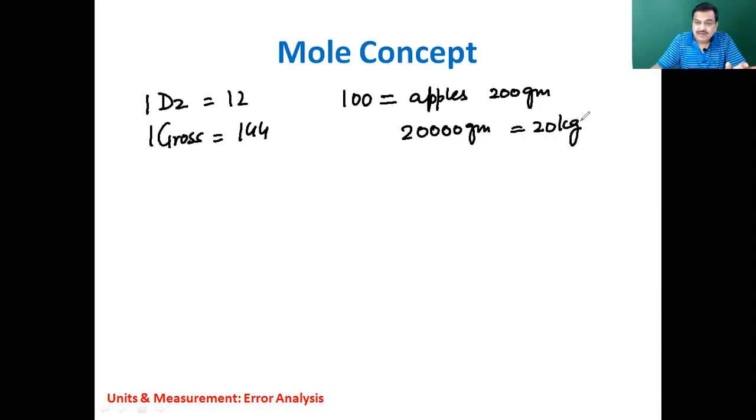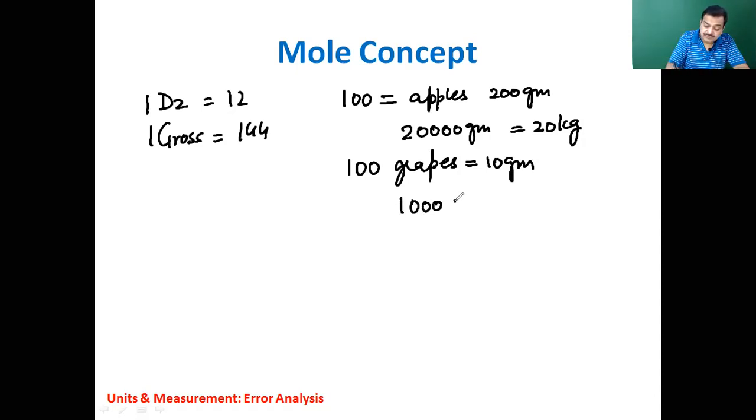So 100 apples weighing approximately 200 grams each will make a total mass of 20,000 grams, which is equal to 20 kg. Now this is what 100 apples means. If I take 100 grapes, each grape weighing around 10 gram, what is the mass of 100 grapes? That is 1000 gram or 1 kg.